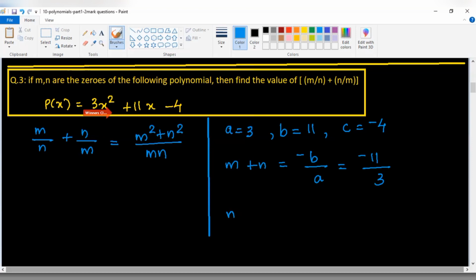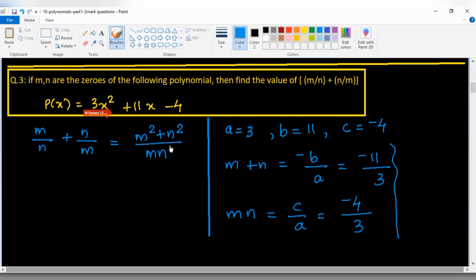And product of zeros mn, alpha beta, is c by a, here it is minus 4 by 3. So from here m plus n is minus 11 by 3 and mn is minus 4 by 3.